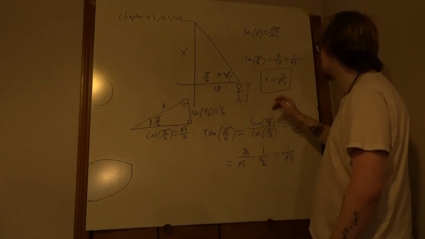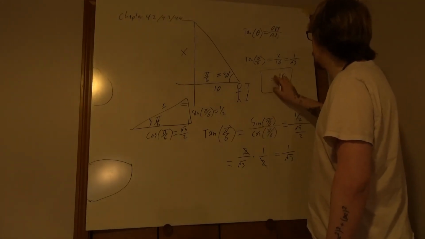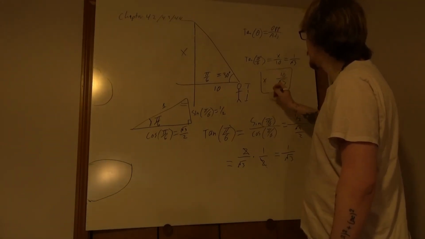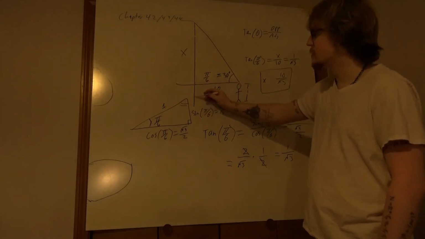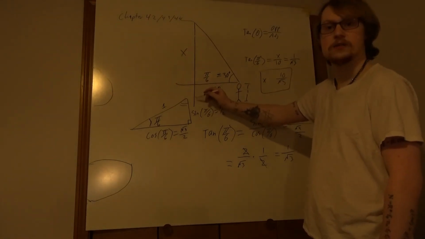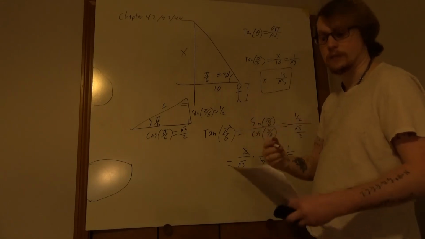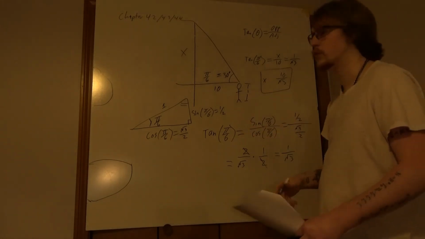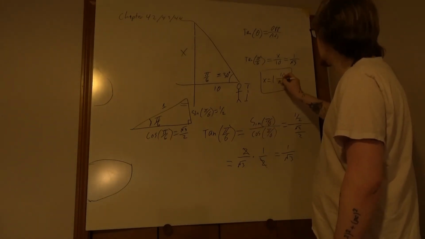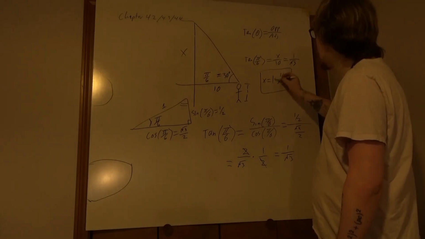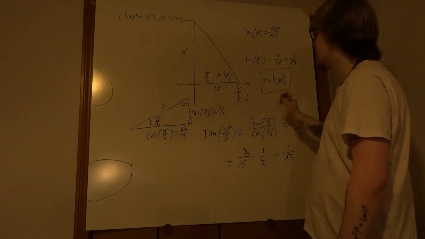So the actual value should be this height plus this length. And this length is, of course, just your height. And in the problem, it's given that you are 1 foot tall. So this is supposed to be 1 plus 10 over root 3.